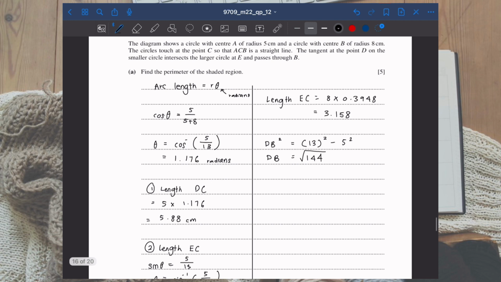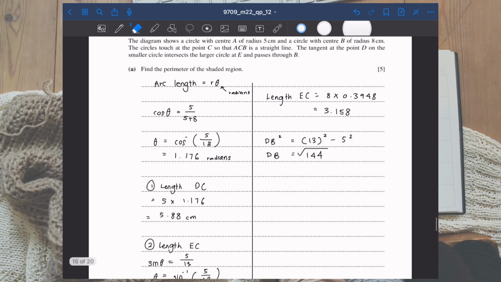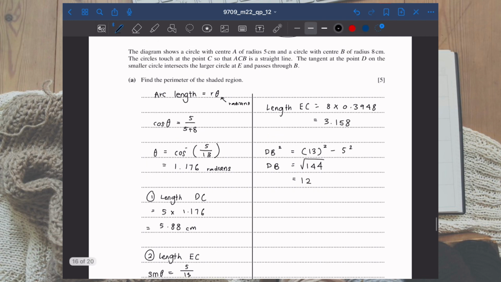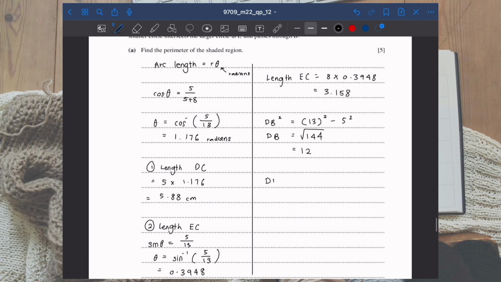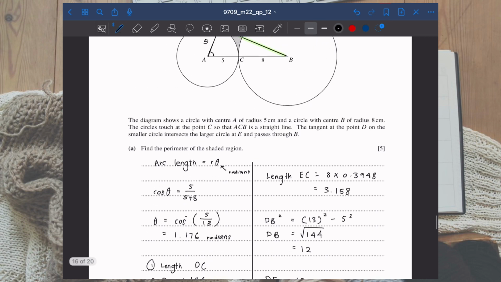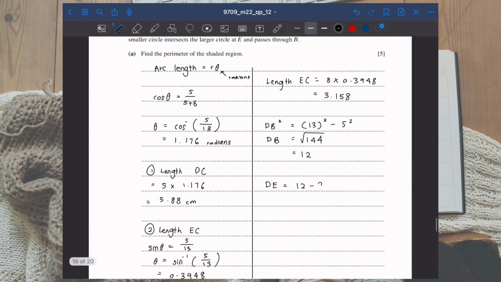So DB will be the square root of 144, which is 12. So that's our DB. So now we can find DE by minusing off the radius of circle B. So DE is 12 minus 8, which is 4.